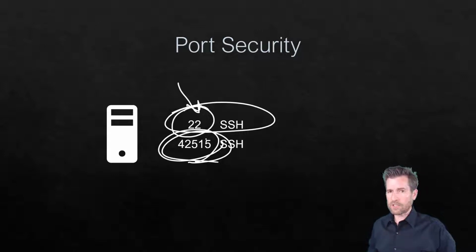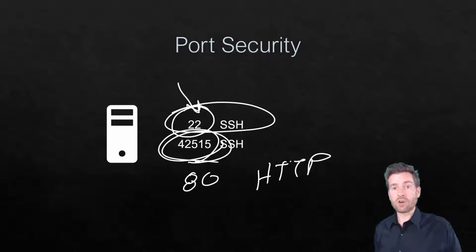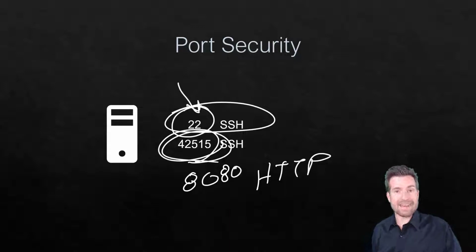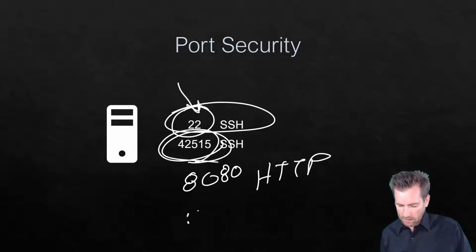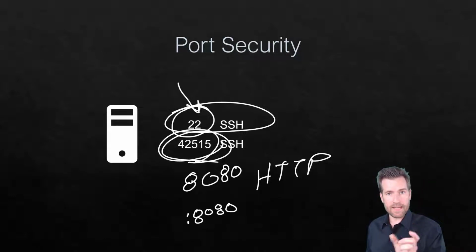Not a big deal if we're talking about SSH, because we're probably not opening this up to the whole world. But if you're talking about something like port 80, which is associated with HTTP, and you're making your users, let's say you changed it to port 8080, and you're making them put colon 8080 at the end of whatever URL they're typing in.